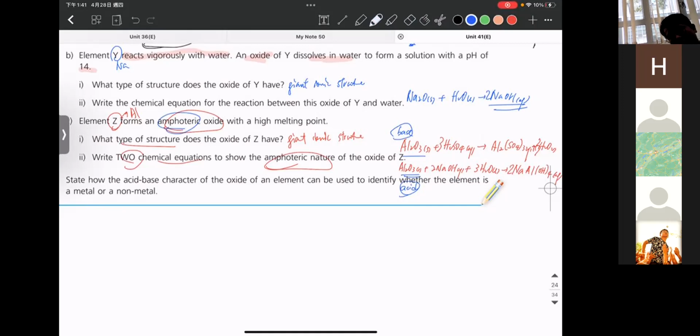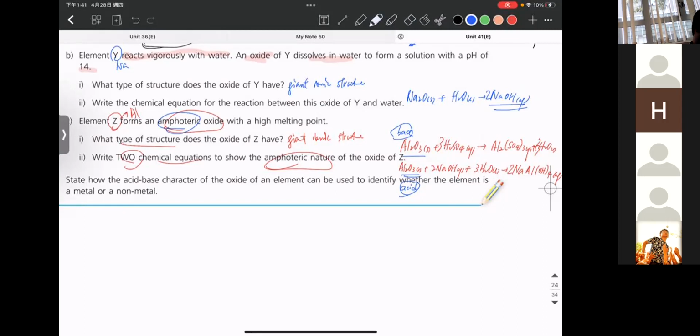To conclude this part, ionic oxides are basic and covalent oxides are acidic. So what is meant by an ionic oxide? A metal oxide. They are said to be basic oxides.